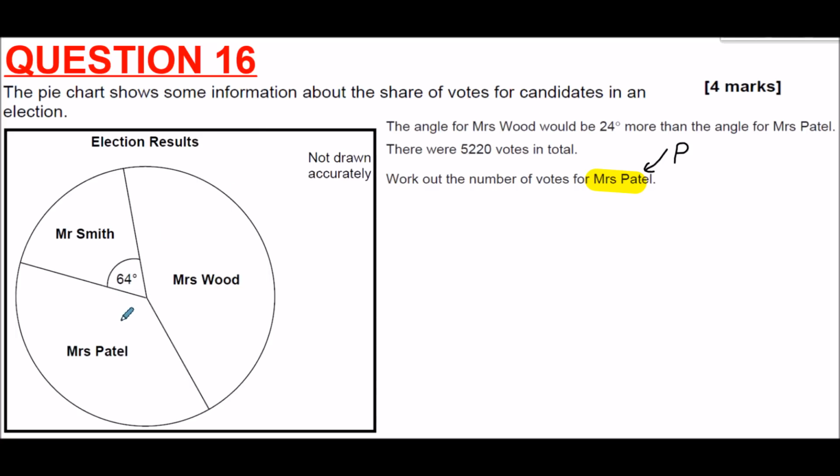And so if we say Mrs. Patel's angle is P, then the angle for Mrs. Wood, if it's 24 degrees more, would be 24 plus P. So what we'd have altogether is an angle in the pie chart for Mrs. Patel, an angle for Mrs. Wood, which is 24 degrees more than P, which we can say is 24 plus P, plus of course, let's not forget Mr. Smith, whose angle is 64 degrees.